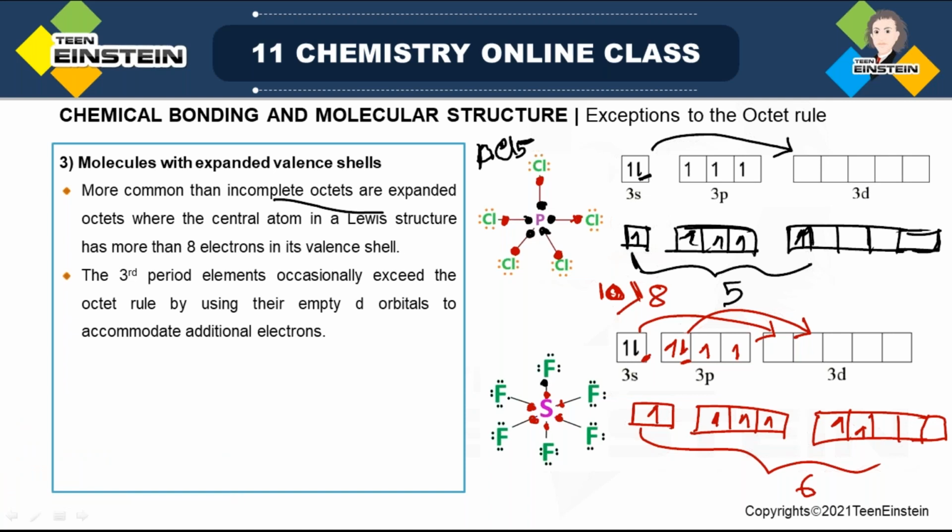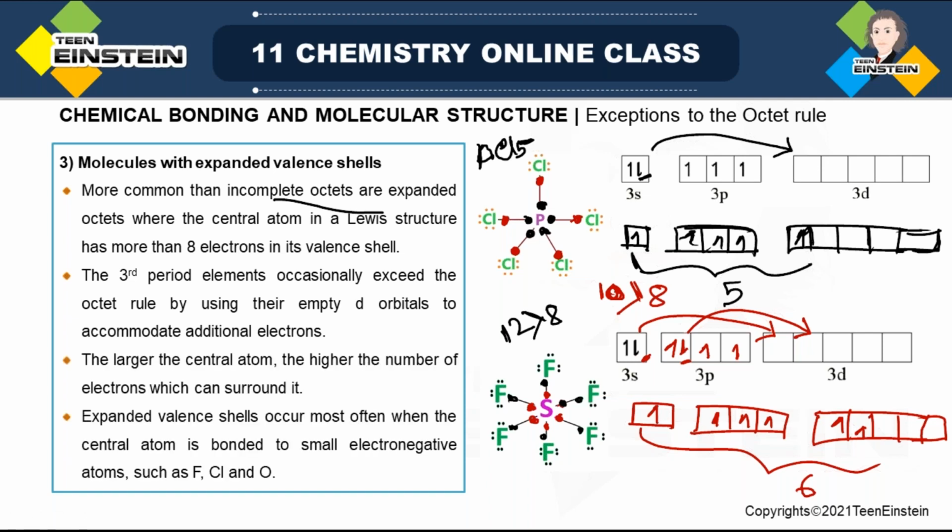Now surrounding sulfur, the total number of electrons: I am just drawing all these electrons so that it is clear to you. Even if you do not draw, you can easily understand, as there are a total of 6 bonds surrounding sulfur. So obviously the total number of electrons will be 12. That is greater than 8, so it is expanding the octet, okay?